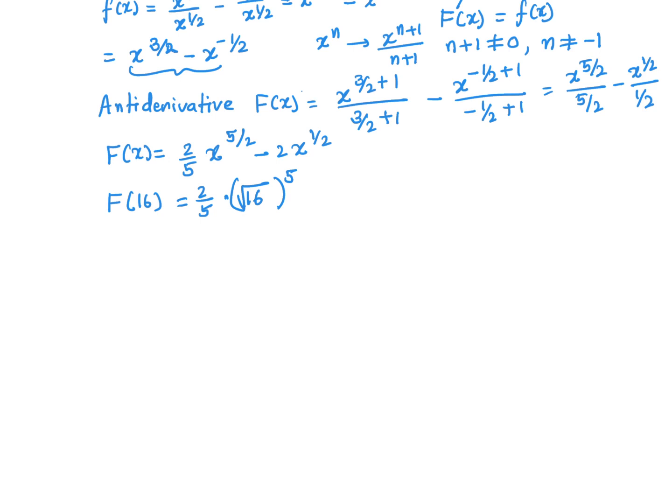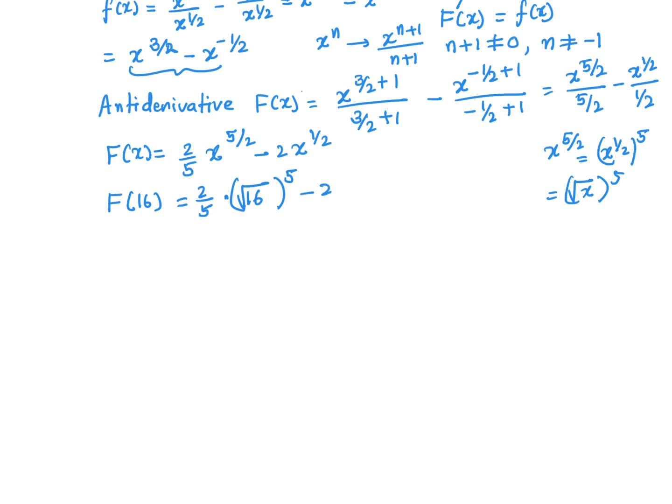How can I do that? x to the power 5/2 is the same as x to the power 1/2, to the power 5, right? Because exponents multiply. x to the power 1/2 is √x raised to the power 5. I put it this way so that you can see it, okay?